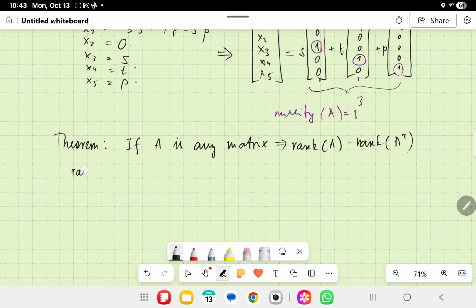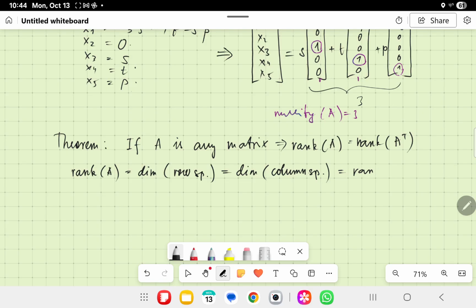So what is rank of A? Rank of A is the dimension of the row space, right? The dimension of the row space is equal to the dimension of the column space, right? And columns of A are making rows for the transpose matrix, which means it's going to make rank.